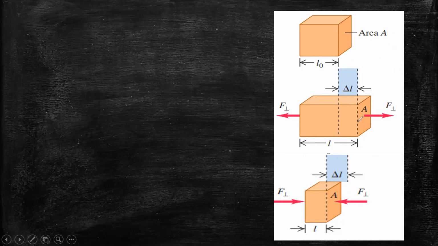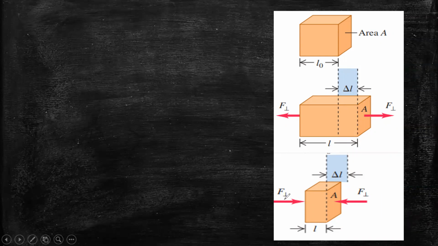As we can see in the figure, this is our force. This is our resisting area. Then it can be stretching or compressing. So if we stretch a material, then we have a tensile stress.